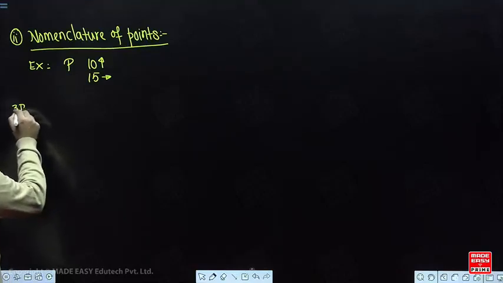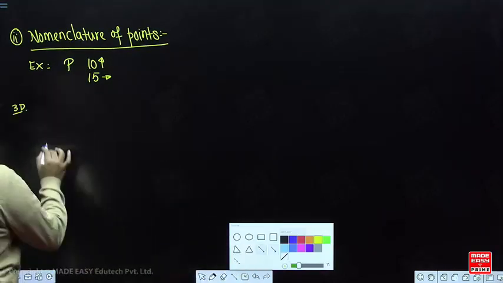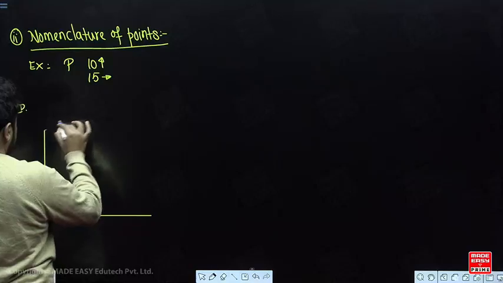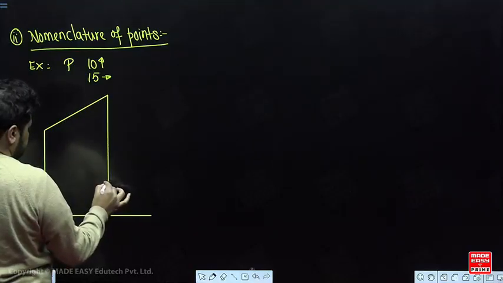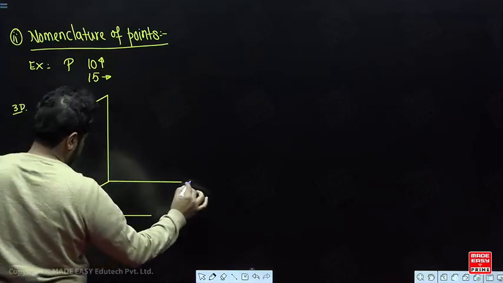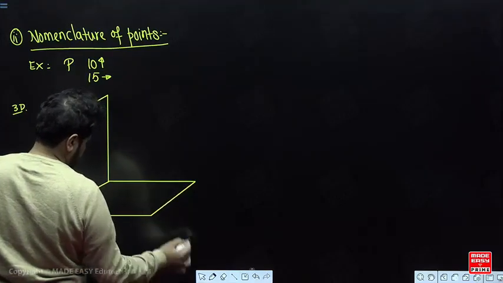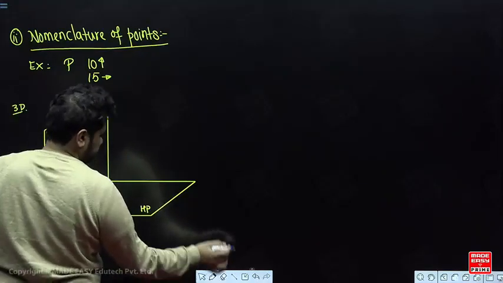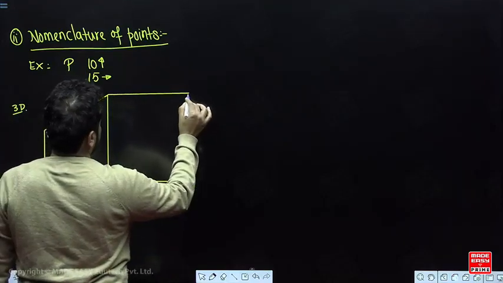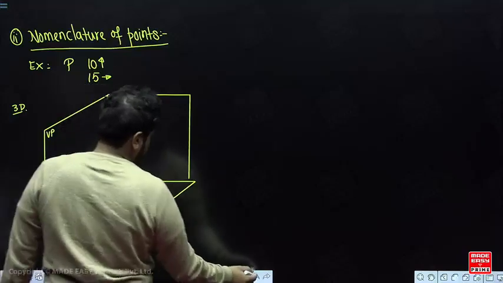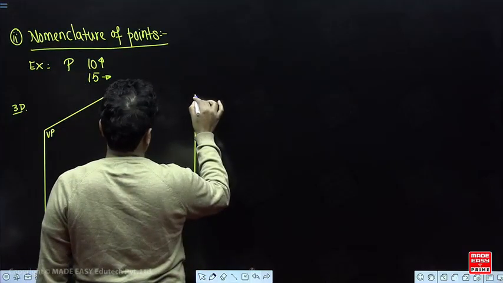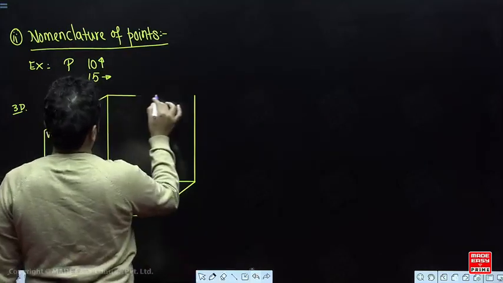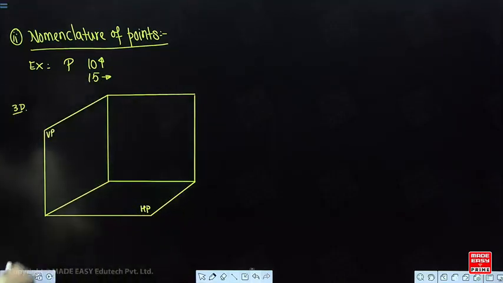First I will draw in 3D. This is VP, this is HP. Correct?